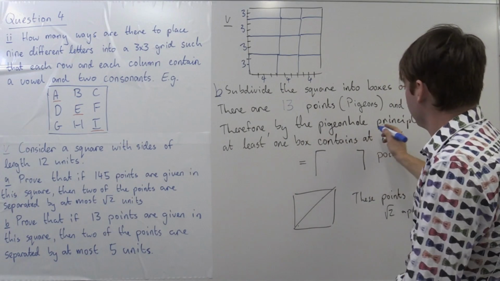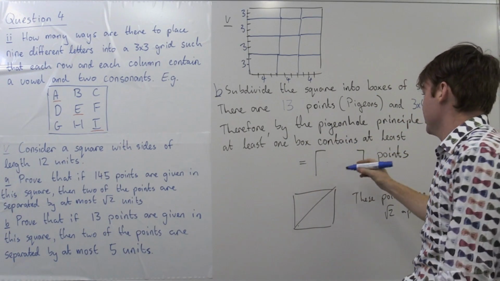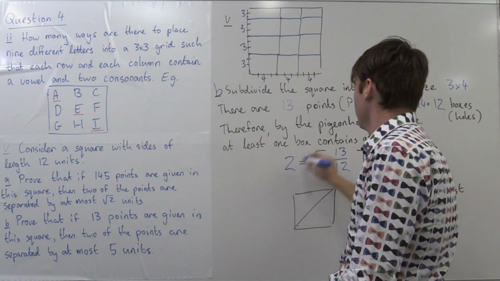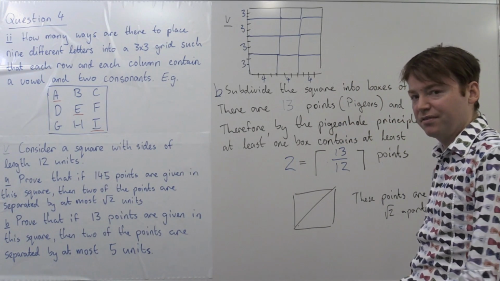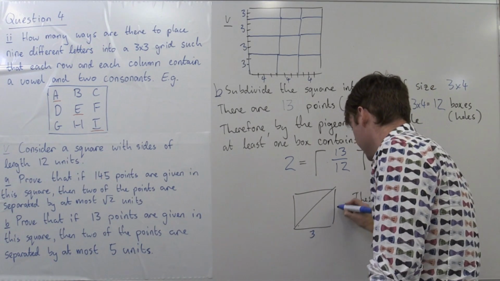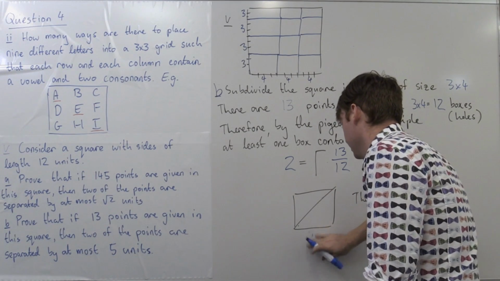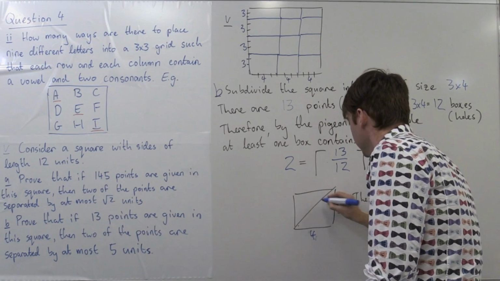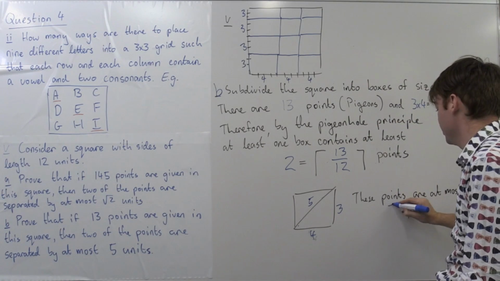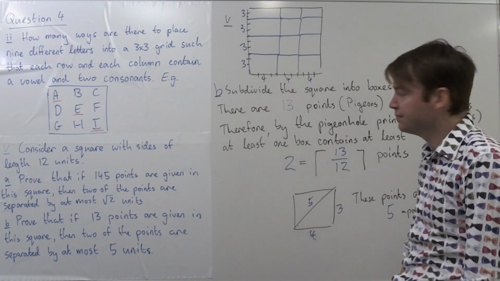Therefore, by the pigeonhole principle, at least one of these boxes must contain at least 13 divided by 12, which is again 2 points. And here, if I draw my triangle, that's a 4, that's a 3, and that's a 5. Therefore, these points are separated by at most 5 units.